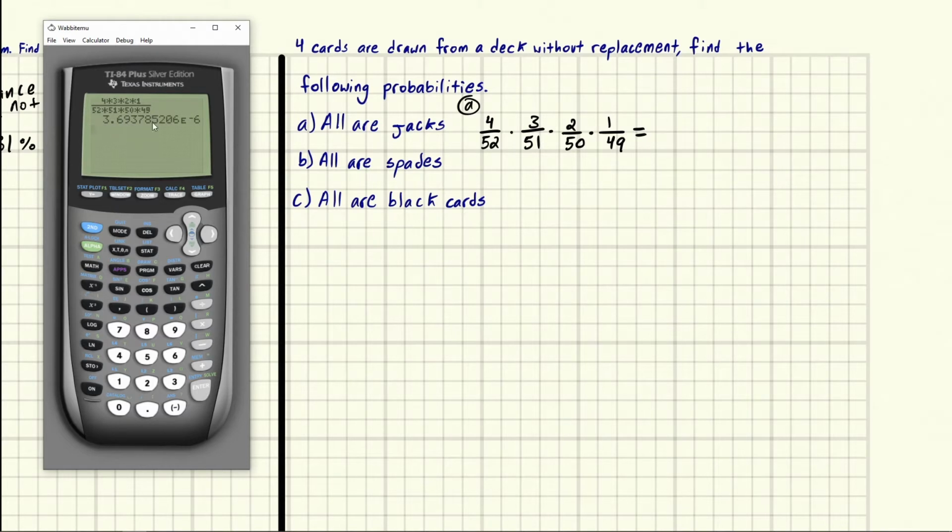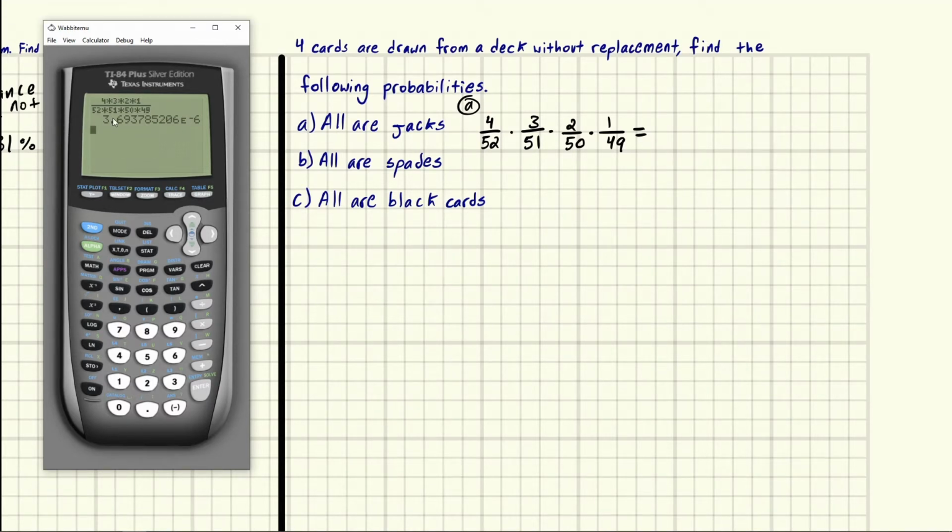All right, so we get a number out, but we get an E, -6. What the E means here, especially since it's negative, is that this number is extremely small, and the decimal has been moved to make it easier to read. We need to move it back 6 places, so the number will shrink. It's going to go over 1, 2, 3, 4, 5, 6.